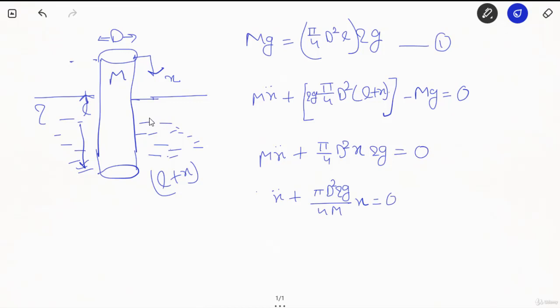Now the standard differential equation is x double dot plus omega n square x equal to 0. So we get the expression of omega n as pi d square rho g divided by 4m, right? So this is how, in a particular fluid problem, this kind of vibrational aspect can be derived.